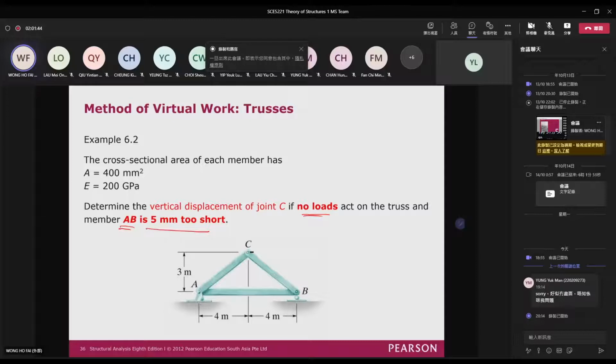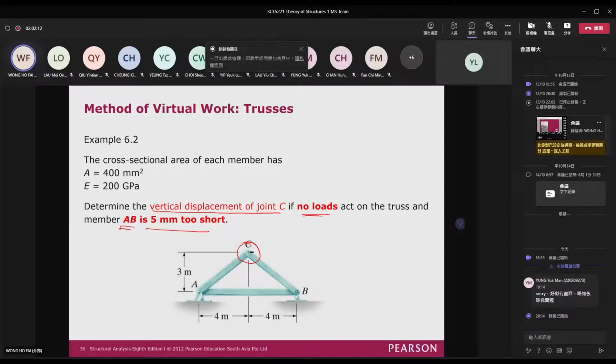We want to determine the vertical deformation of joint C. If AB is too short, then joint C will go up, right? So there will be a deformation of joint C.